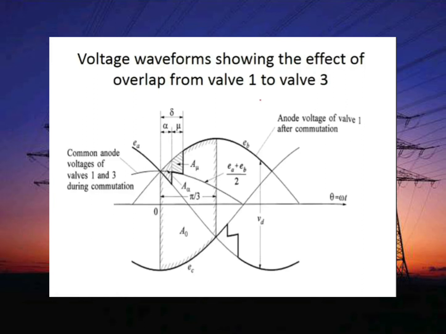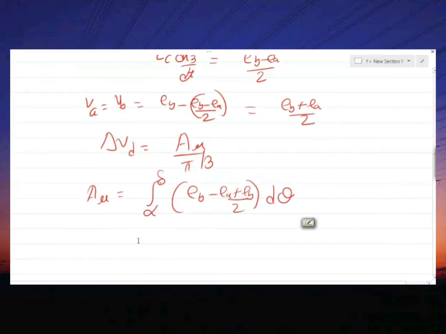Delta is equal to alpha plus mu, where alpha is the delay angle and mu is the overlap angle. This way you can find the overlap angle. So putting in the value of EB minus EA plus EB by 2, mu is equal to the integration from alpha to delta of EB minus EA by 2 d theta.